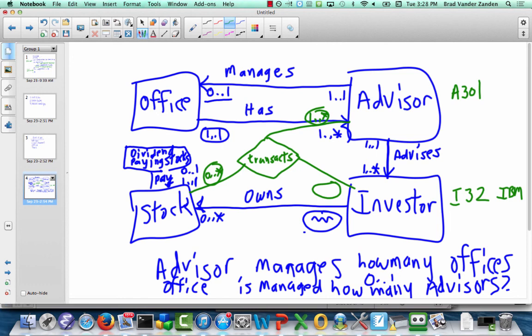And then we have the last one, which is going to be if we have a certain stock and an advisor, so an advisor and IBM, how many times could an advisor have placed that stock? Could the advisor have multiple investors with that stock?